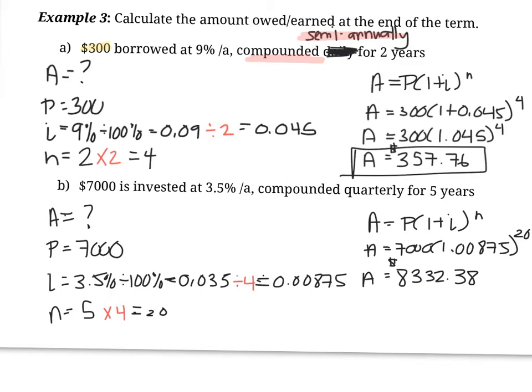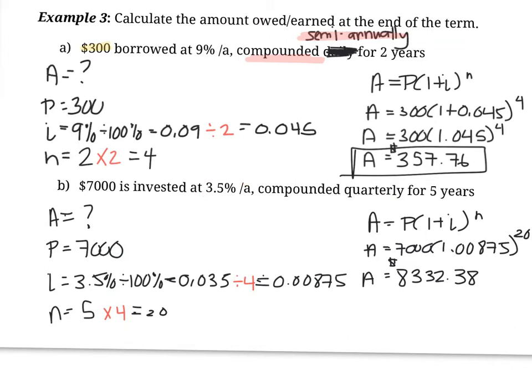So after putting all of our numbers into our formula, 7,000 for P, 0.00875 for I, and our N value is 20, we should get this as our final amount. A quick assessment, does this number make sense? We invested $7,000 in some sort of investment that earns us this amount of interest per year.